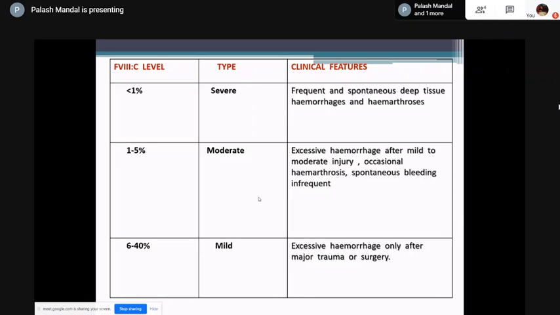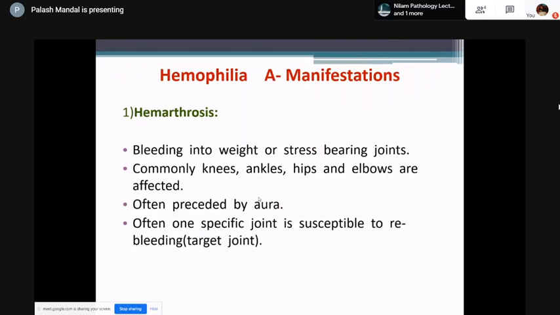Manifestation. So the manifestations here are different. You see, purpura or thrombocytopenia are different because they manifest as skin bleedings, skin spots, bleeding spots. Okay, mucocutaneous.